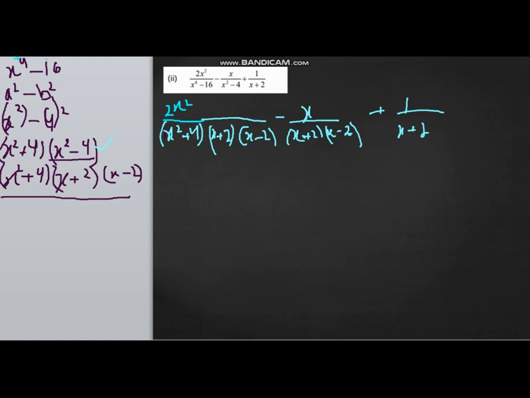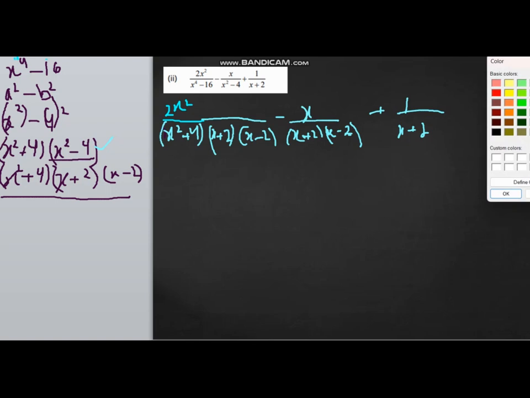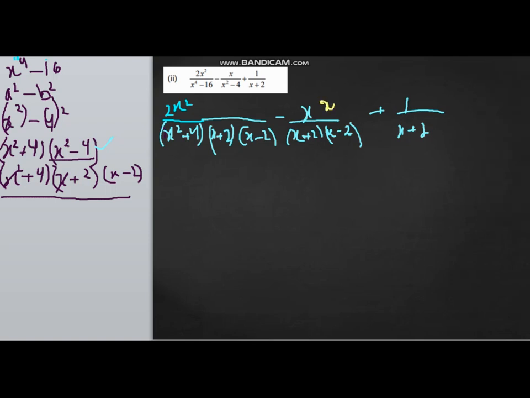So in the first fraction, I don't see any missing denominators, but in the second fraction, I see that x squared plus 4 is missing. So I'm just writing it down in here that we're going to multiply this one with x squared plus 4. And the last one has two missing terms, x squared plus 4 and x minus 2.